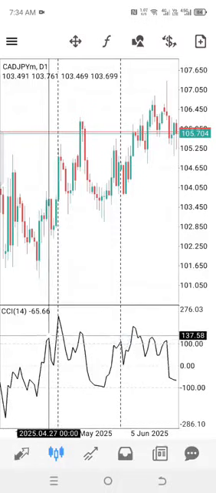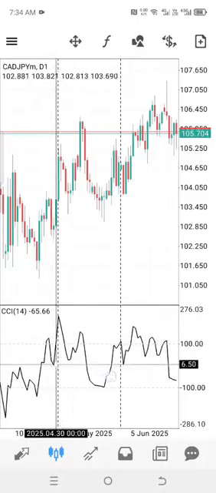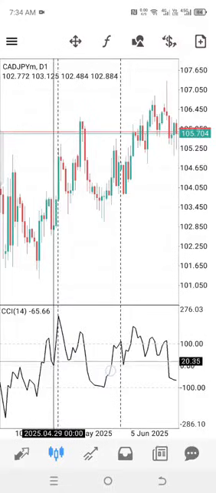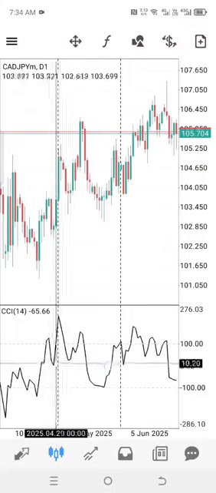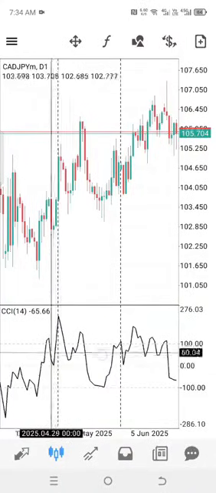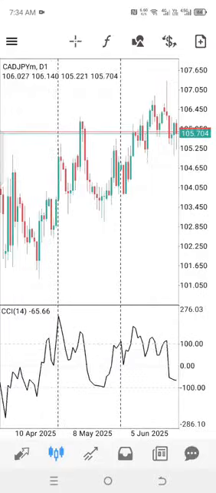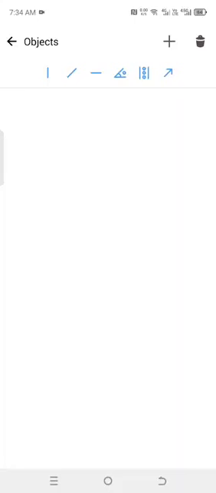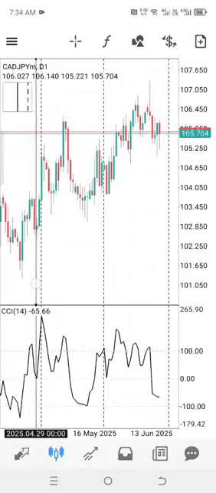Then I simply need to wait for the CCI to drop back on that same time frame, but it shouldn't go below the 0 level. It has to be in between the minus 100 and the 0 level. So I'm going to put my marker there. So this is where we have our CCI currently.